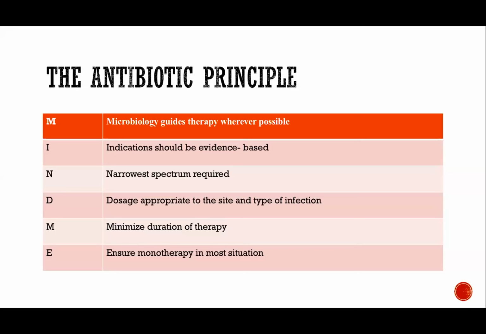For example, with mild community-acquired pneumonia, the first-line treatment is monotherapy with an antibiotic. We go to a combination when the patient has a severe infection.